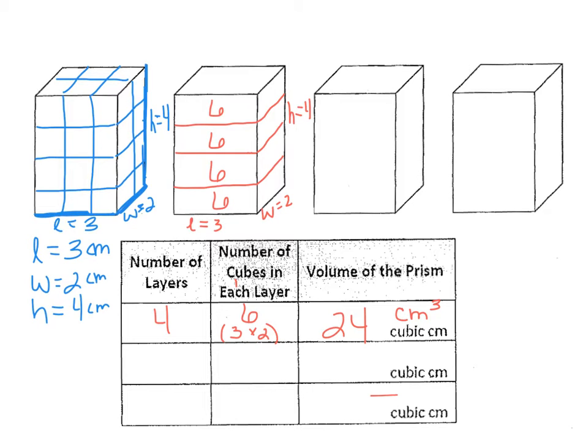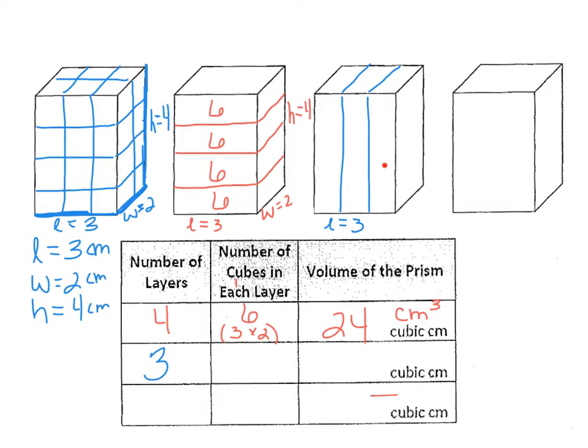So now on my third rectangular prism, I'm going to layer it differently. So make sure everything I'm doing, you're doing as well. So I have 3 layers. Well, in our original rectangular prism, where do we see a 3? We see a 3 as our length. Well, how do I figure what the volume is for each of those layers?